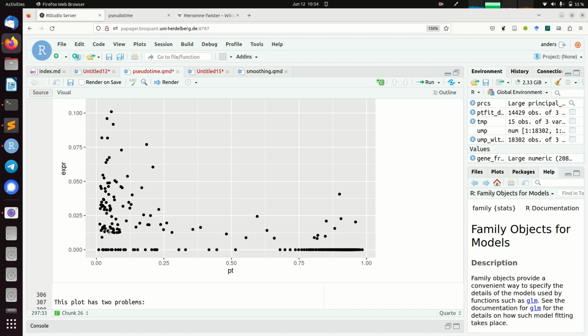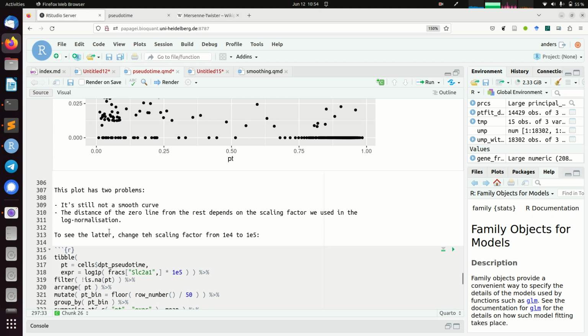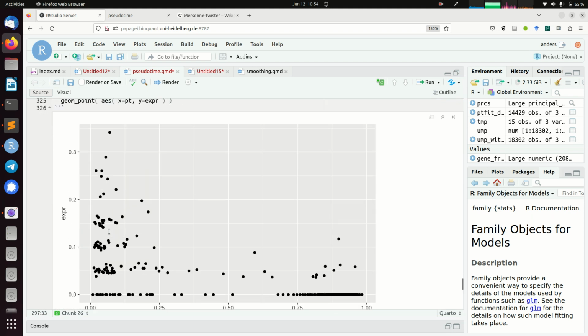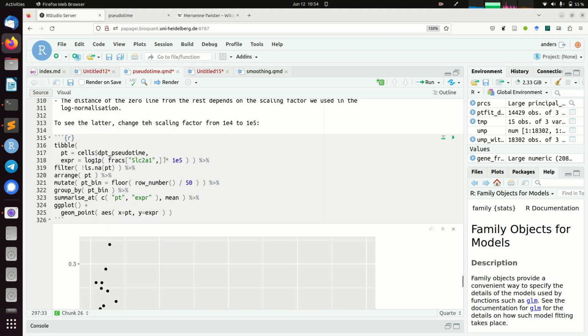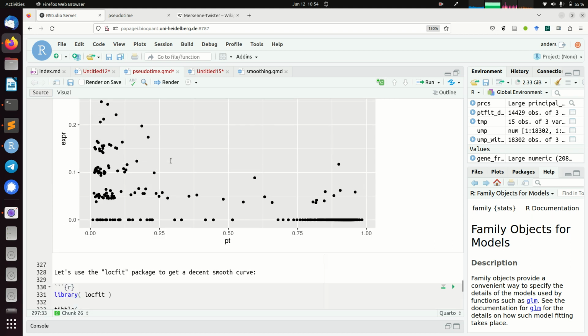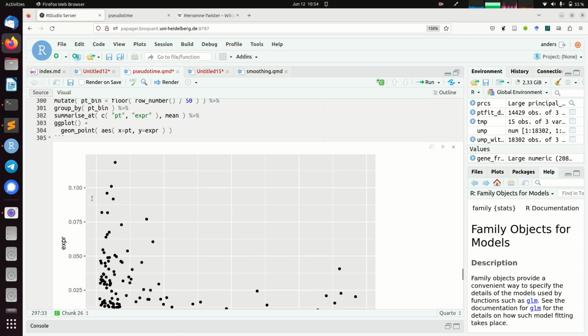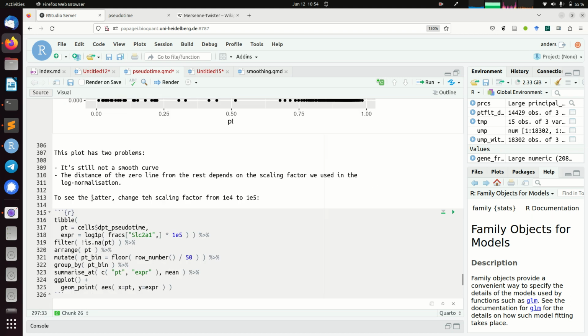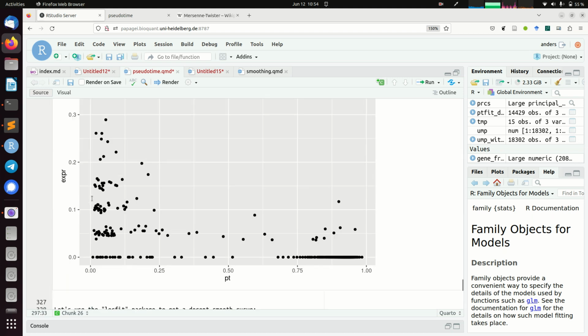But of course, this means that this 10 to the 4 enters some arbitrariness, and why this is an issue becomes pretty obvious if I replace the 10 to the 4 with 10 to the 5, as I've done here. Here I've recalculated the normalization and just used 10 to the 5. And as you can see now, the plot actually looks markedly different than that plot here.